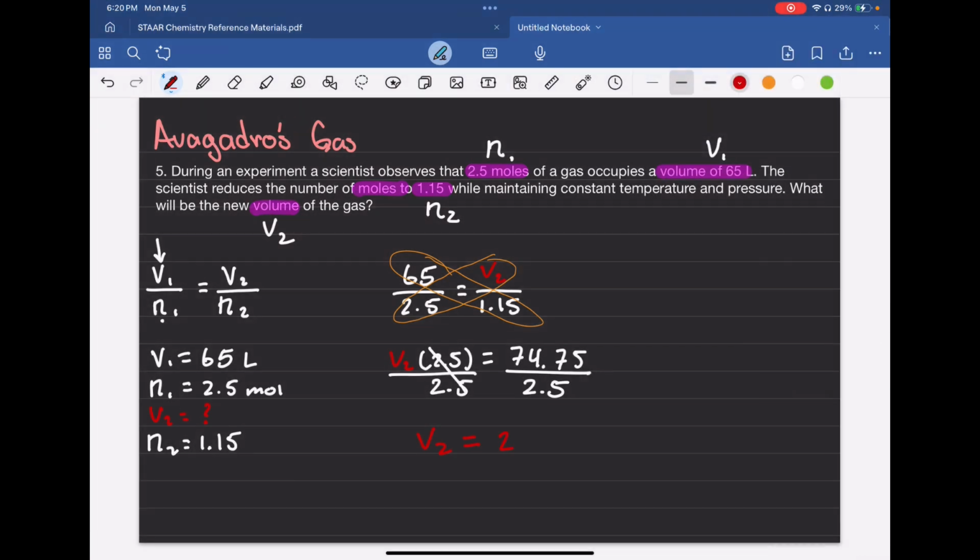So volume 2 is 29.9. Sorry, not moles. Liters. Liters. That's our final answer.